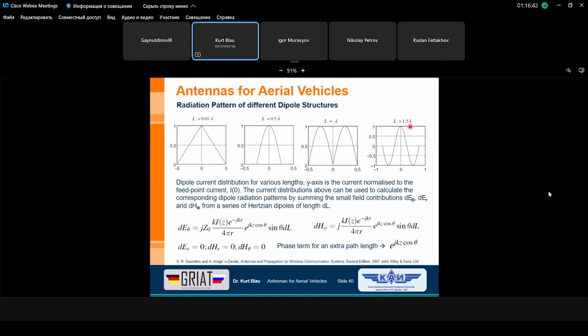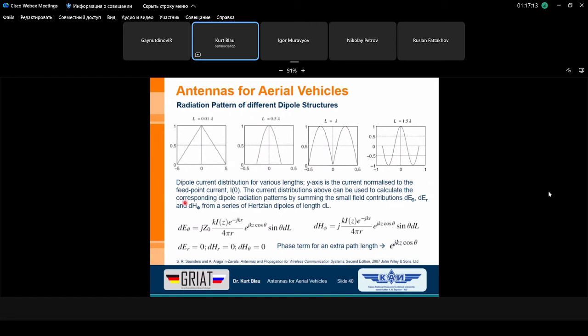And if it's 1.5 wavelengths long, then we have the same relation regarding the length. Again, this is only the magnitude of the current that we have seen. It's not a vector, it's without phase.